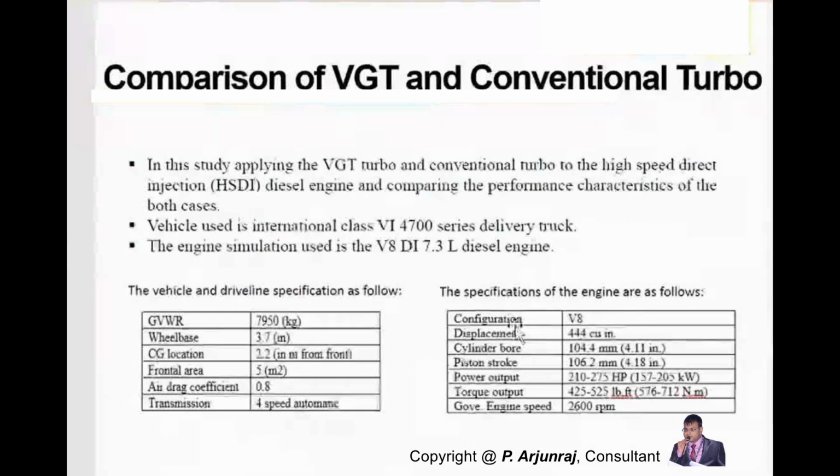And I told you it's a V8 engine, having a displacement of 444 cubic inch. The bore, stroke, power output, torque output, everything is given. And the governing engine speed is 2000 rpm. That is the specification of the vehicle.